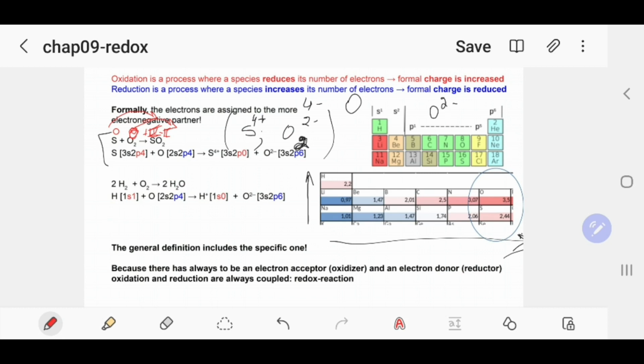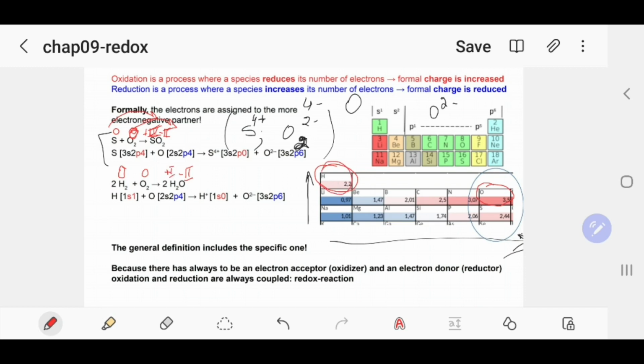If we apply the same thing to water, we start from 0, 0. Of course, oxygen, again, is more electronegative than hydrogen: 3.5, 2.2. So oxygen will become 2 times negatively charged, so -2. 0 to -2, it's a reduction. And H will become, of course, +1.